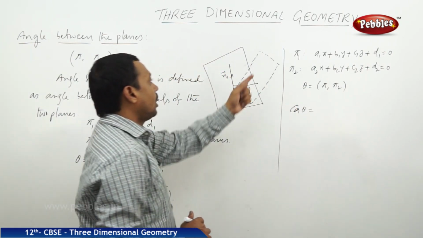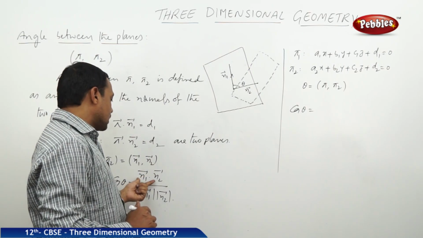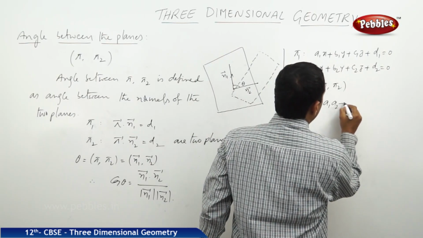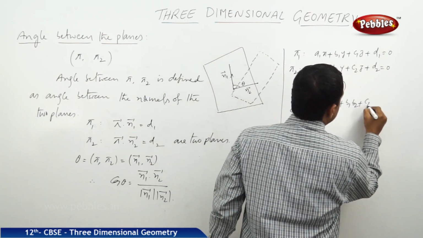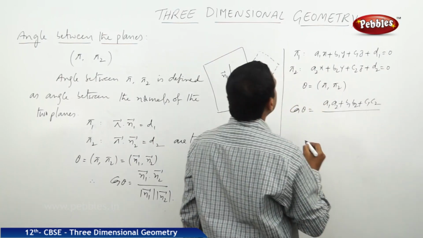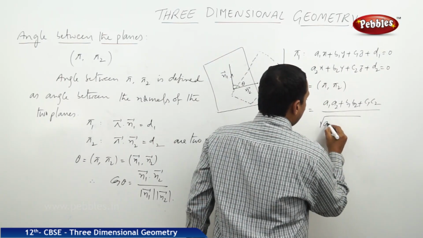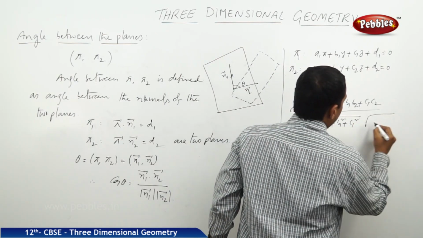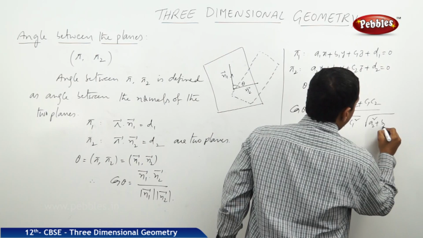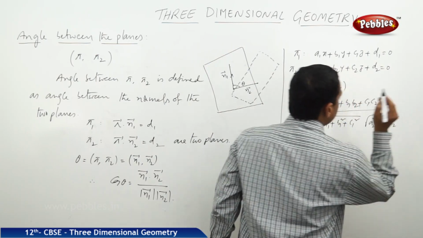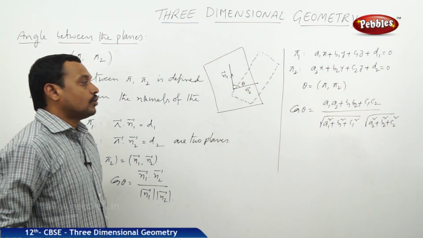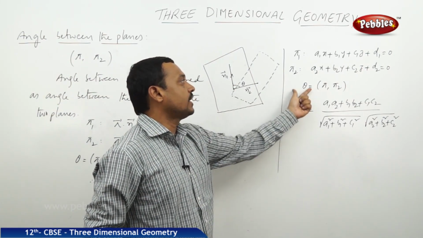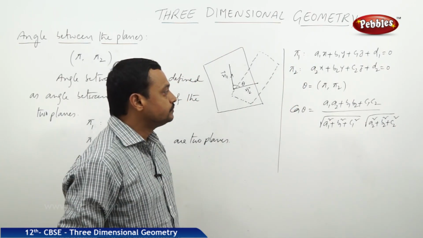Now by substituting those here, it becomes a1 a2 plus b1 b2 plus c1 c2 by root of a1 square plus b1 square plus c1 square into root of a2 square plus b2 square plus c2 square. So this is the formula to find the angle between the two planes when they are in Cartesian form.